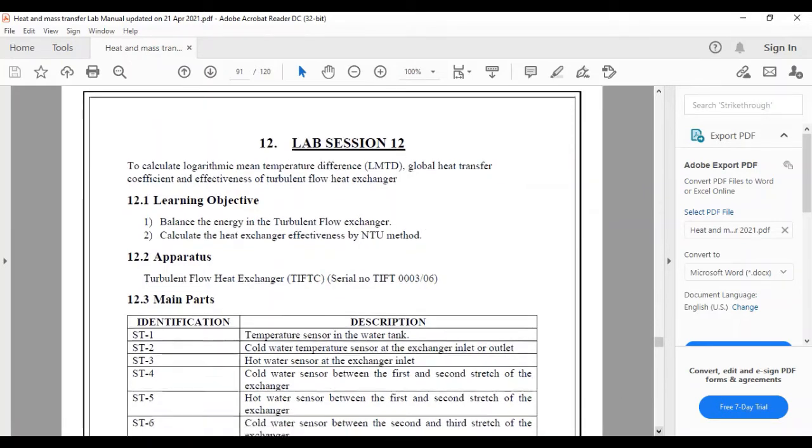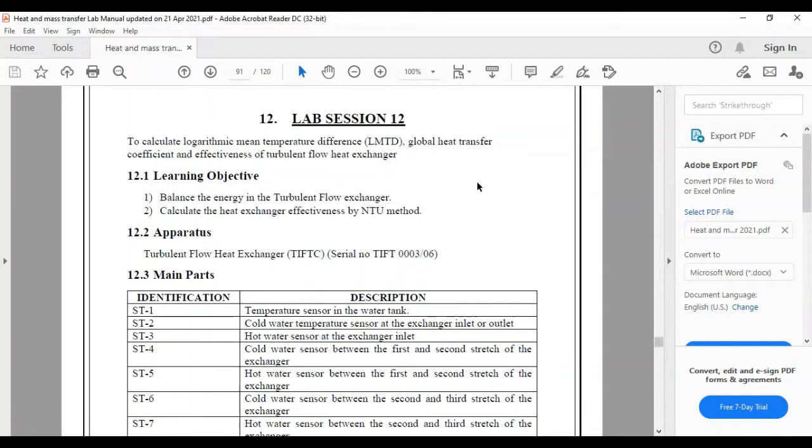Before moving to the lab, I would like to tell you that these operators work on high voltages, and this is heavy-voltage equipment, so we will have to take care of all the safety precautions related to electrical equipment.